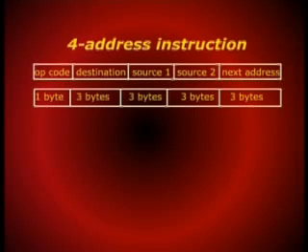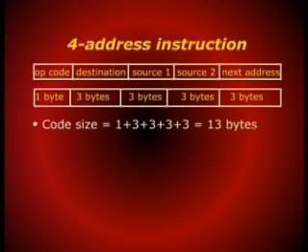Similarly, the 2 source operands each require 3 bytes, and the next address is also specified by 3 bytes. If we look at the total code size required for one instruction, that would be 1 plus 3 plus 3 plus 3 plus 3, which turns out to be 13 bytes. Meaning that for each such 4-address instruction, we will require 13 bytes of code in the program.